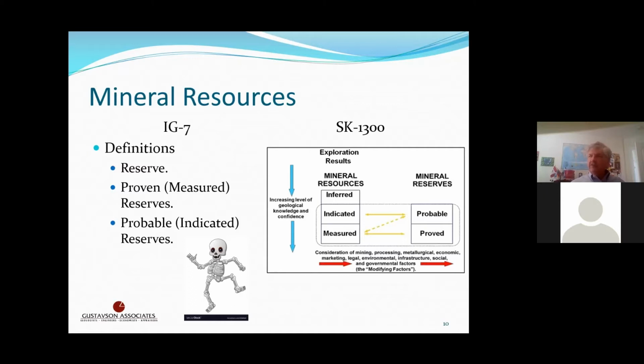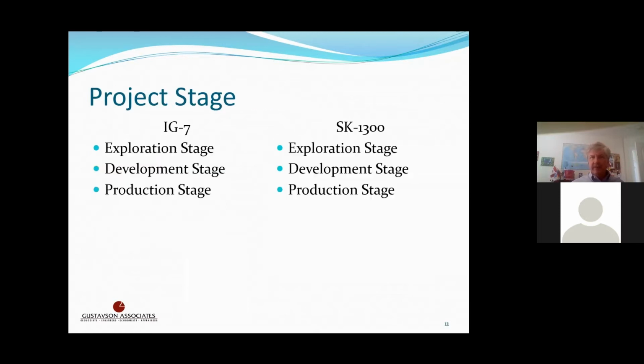Mineral reserves have certain modifying factors associated with them to show that they are economic. They both have defined that there are 3 stages of projects, and your reporting depends on which stage you are in: exploration, development, or production.